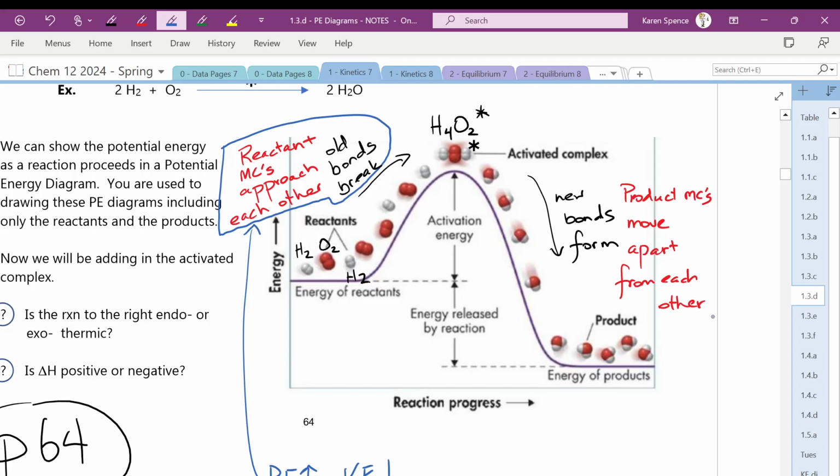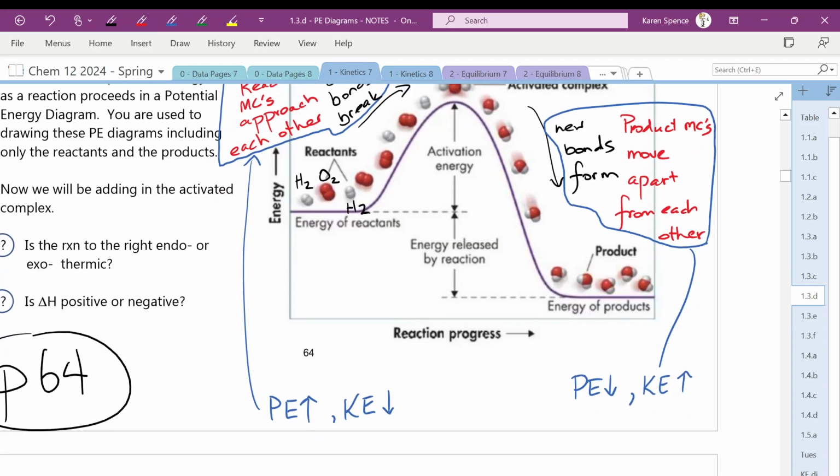Now, what happens as our product molecules move apart from one another? What happens to our potential energy? The potential energy decreases. And what happens to the kinetic energy? The kinetic energy increases. And what happens to the total energy in both these situations? Total energy stays the same.